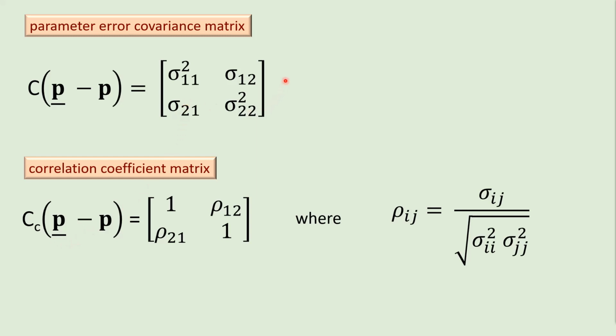I'm just illustrating here with a 2 by 2 matrix, but if we've got a 3 by 3 or an m by m parameter error covariance matrix, we will have a 3 by 3 or m by m correlation coefficient matrix. Elements of these two matrices are matched on a one-to-one basis. Each element of the correlation coefficient matrix is calculated from the corresponding element of the parameter covariance matrix using this formula.